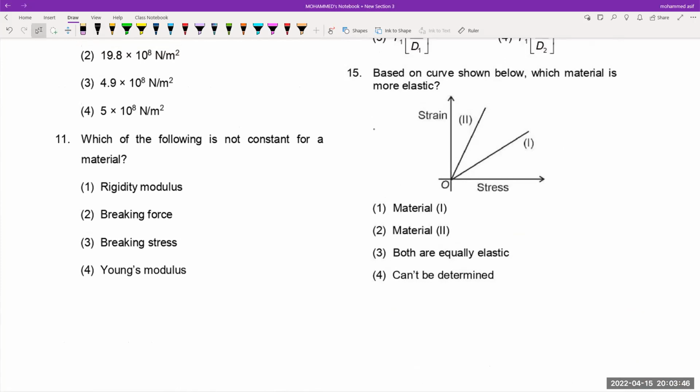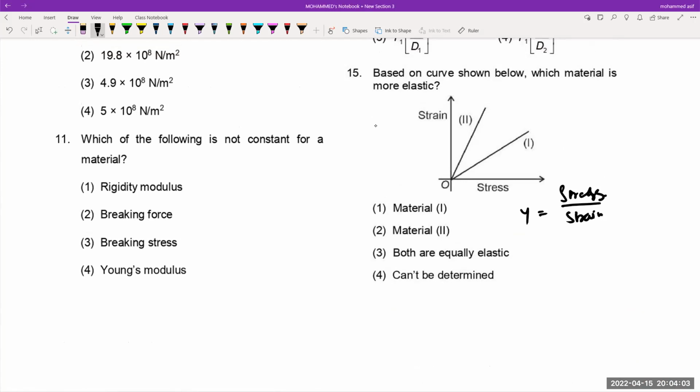Based on the curve shown below, which material is more elastic? See, more elastic, किस पे डिपेंड करता है बेटा? यंग्स मॉडुलस पे. Y is equals to your stress divided by your strain, isn't it?